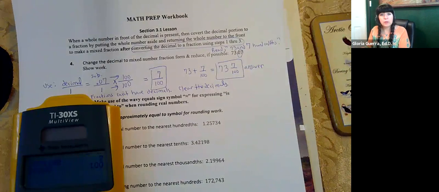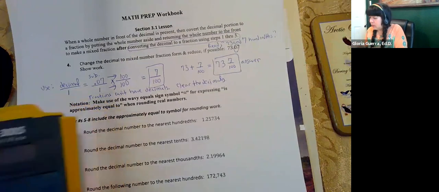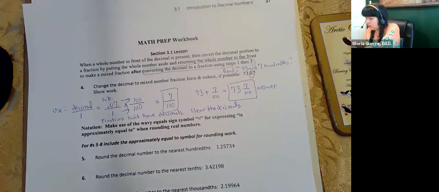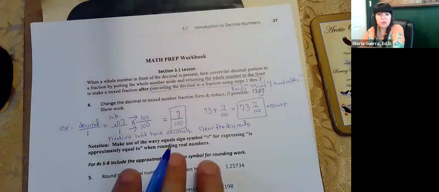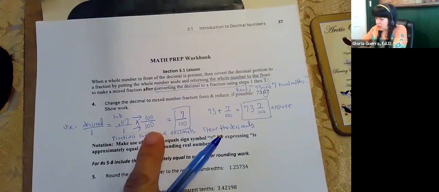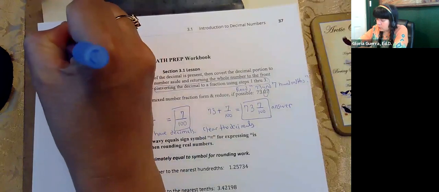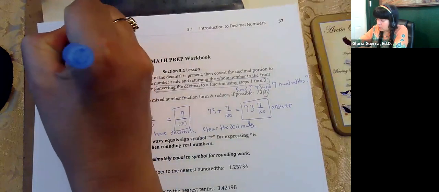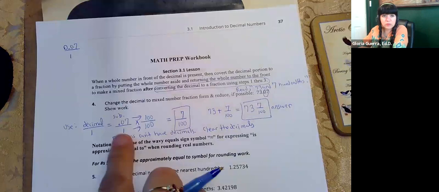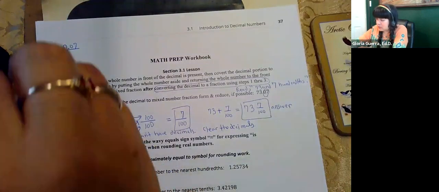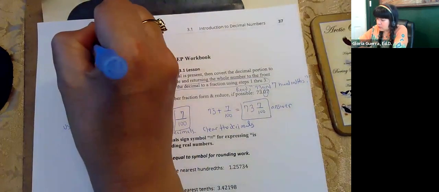Now, if you use the wrong power of 10, you should be able to catch your mistake. Let's say you tried to multiply it by 10 over 10 instead of 100. Let me show you this. So 0.07 over 1, and let's say you do times 10 over 10.